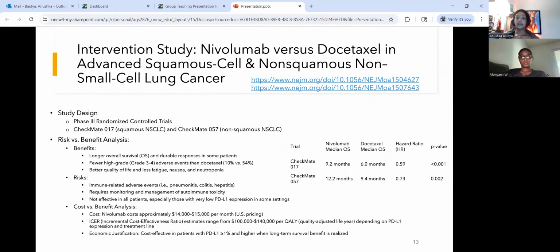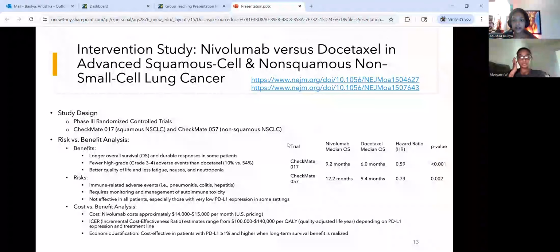So with the benefits being like feeling better, it may be a little bit more expensive, but they found better outcomes in certain patients based on the PD-L1 levels. They did find overall nivolumab to be the better option.